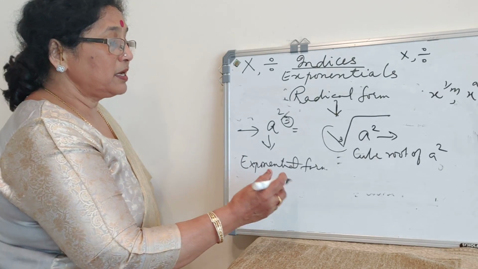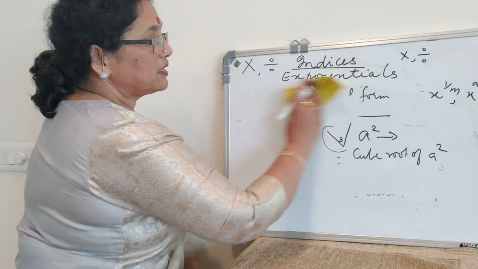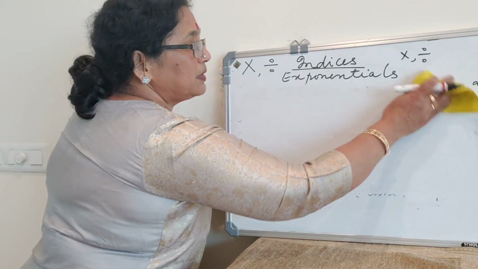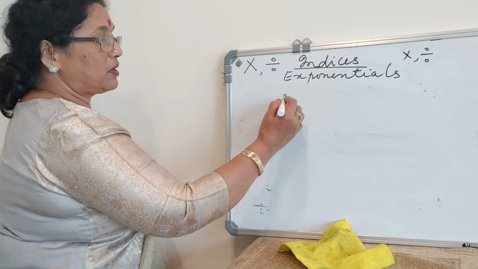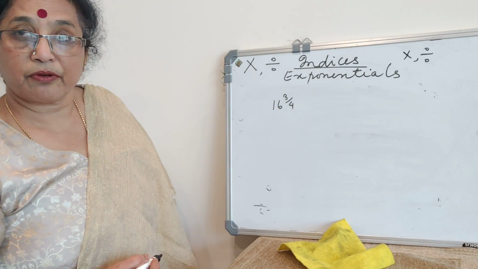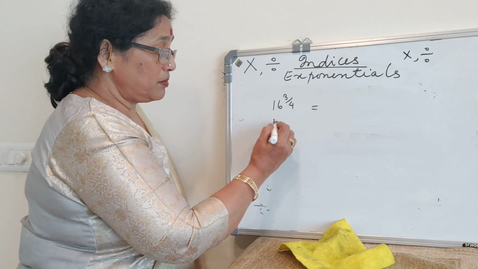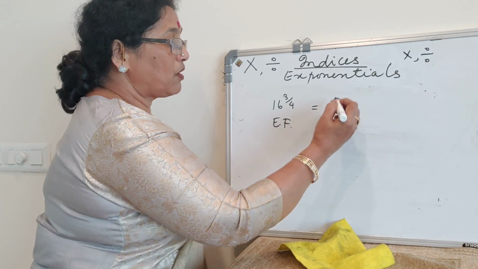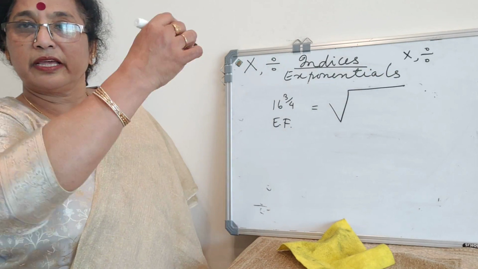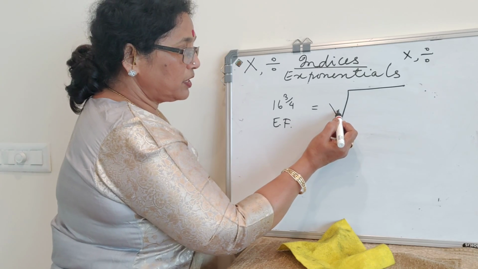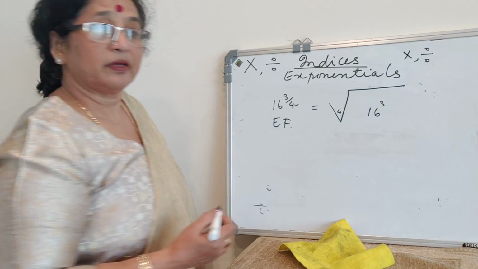If I have another number, say 16 to the power of 3 by 4, this is exponential form, and now for radical form, put the tick sign, then the division sign, put 4 here, the denominator, and 16 cube.